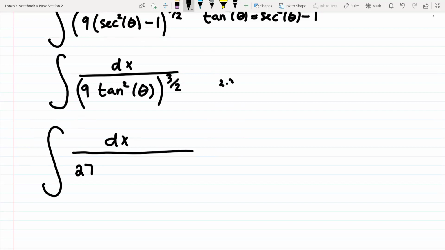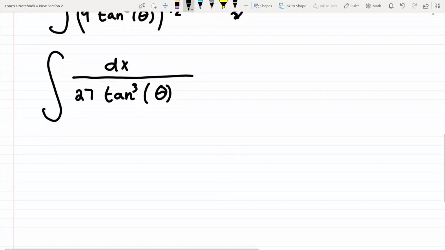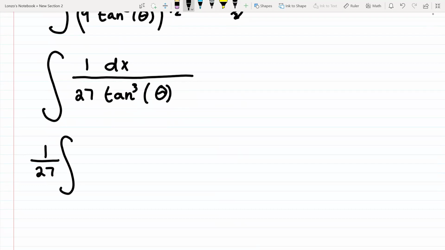So you're multiplying 2 times 3/2, the 2's cancel, and you're just left with tan cubed. Next you can factor out the constant 1 over 27, and on the bottom you're just left with dx over tan cubed theta.